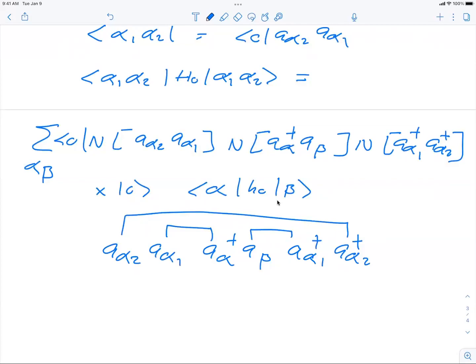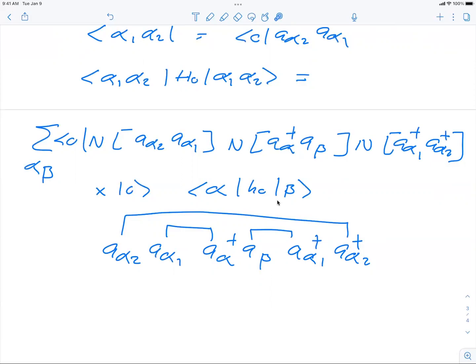We know that if we now were to take this contraction here, that's automatically 0. This contraction with the operator itself is 0, right? And we know that this contraction here is also by definition equal to 0.